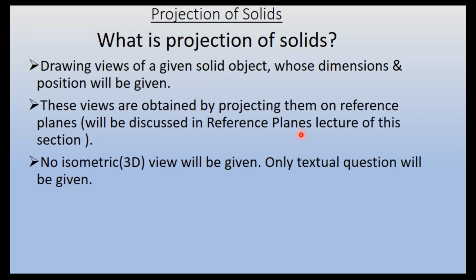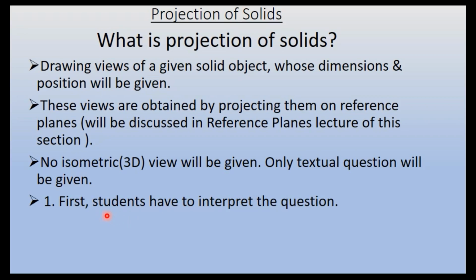Here also you have to draw the 2D views of solid objects, but here there will be no image or 3D view given, only the names of solids and their position with reference to reference planes.